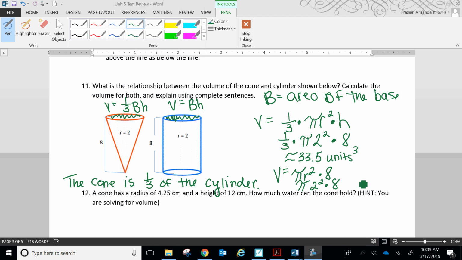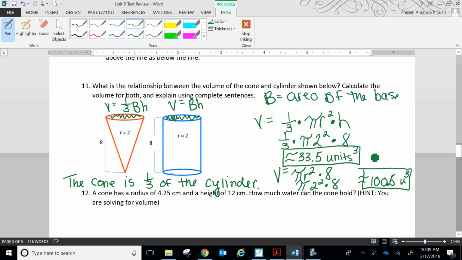And I get approximately 100.5. That would be units, and I'm just going to put a U cubed because I'm out of room. So there's my two volumes, this one for a cone and this one for a cylinder.